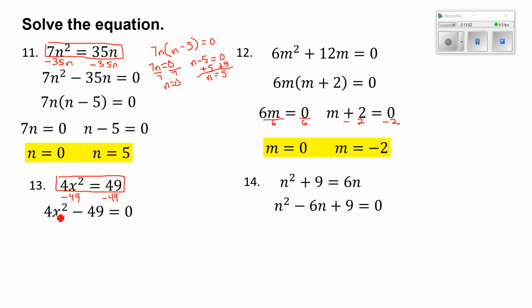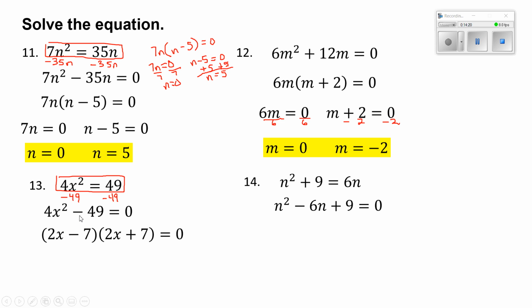When I do this, I'm going to say, well, I cannot factor out 4 or negative 49. I can remember that 4 has a square root of 2, and 49 has a square root of 7. So that can go ahead and help us out there. We see that this is going to be 2x, right, squared.